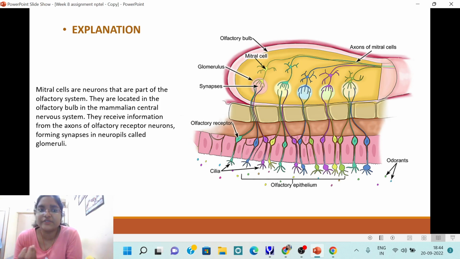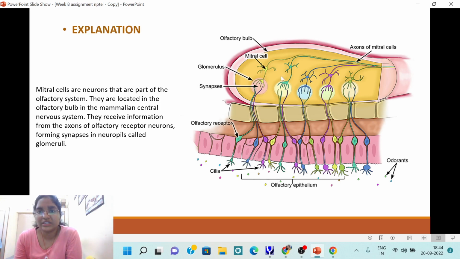There is an olfactory bulb present in our central nervous system that is required for the things we can smell. It gives information to the brain, and then we can know that this is a good smell, this is a bad smell. So mitral cells help in giving the information to the brain, and they are present in these olfactory bulbs, right?